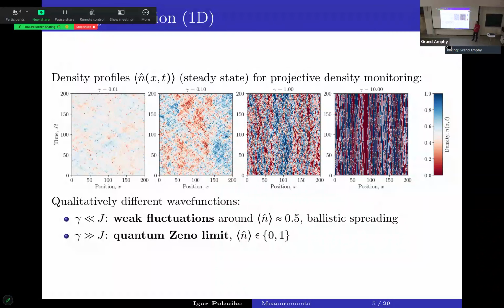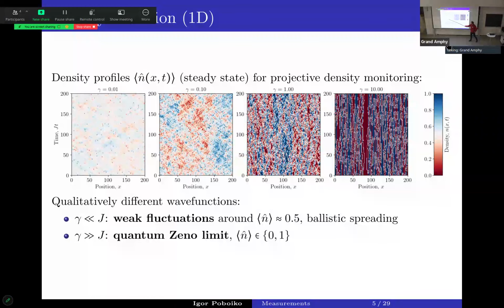It's either empty or occupied after you learn the outcome of this measurement, which means that you produce some local fluctuation of your density. And then this fluctuation spreads over your system due to unitary evolution. And on a larger scale, you see that on average, you have rare weak fluctuations around 1/2, which we will describe by means of some long-wavelength field theory.